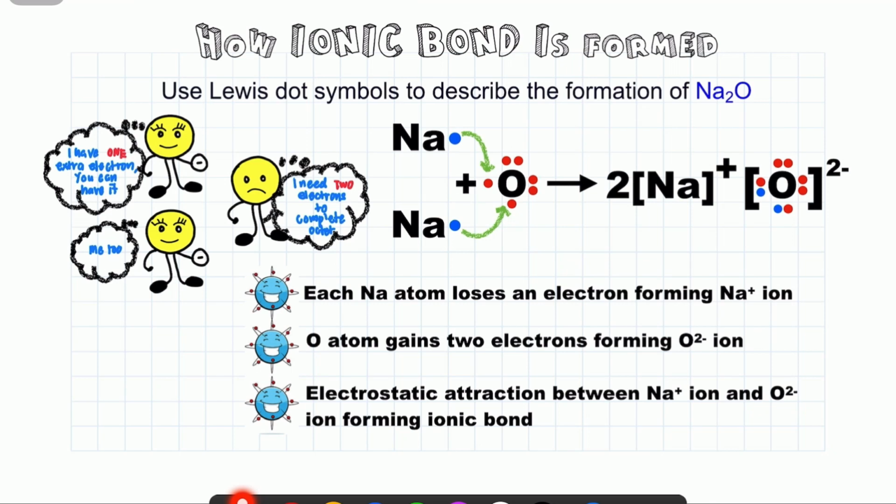So the electrostatic attraction between the Na plus ion and O2 minus ion forms the ionic bond. So this is how you describe the ionic bond by using the Lewis dot symbol.